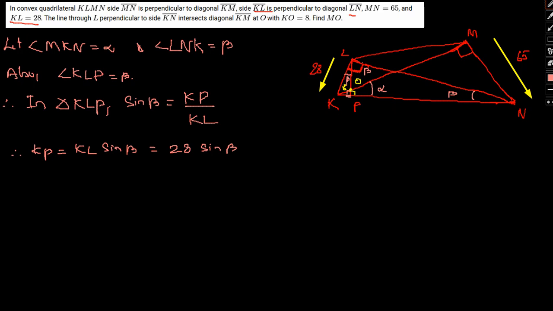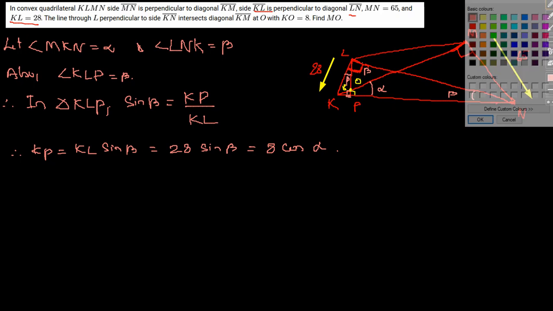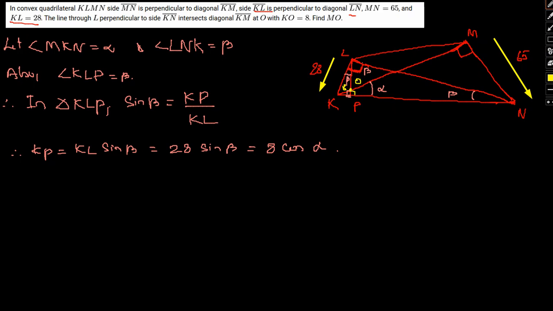Okay, and similarly, this can be further written as 8 cos alpha. How, you may ask, 8 cos alpha? Let me just show you here. It's simply arriving from triangle KOP.